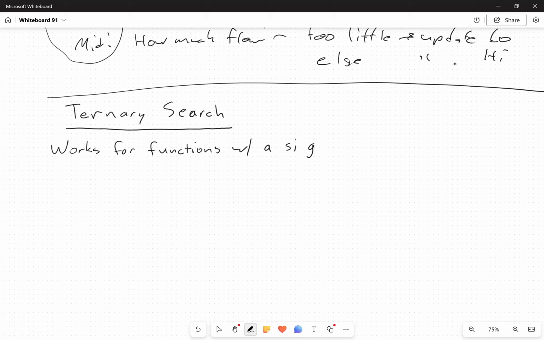With a single max or min. So it should be monotonic increasing, then decreasing.